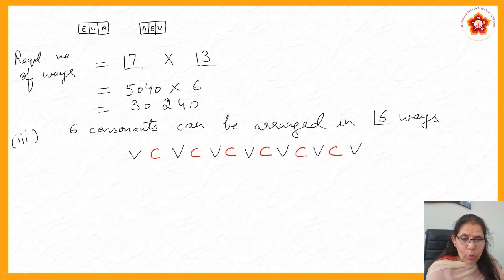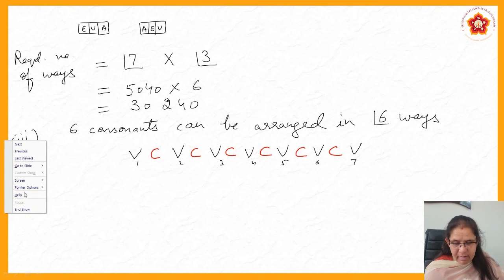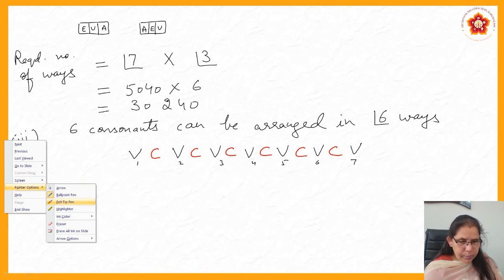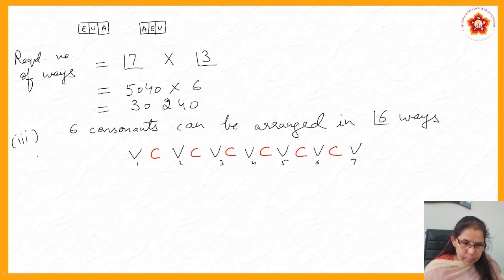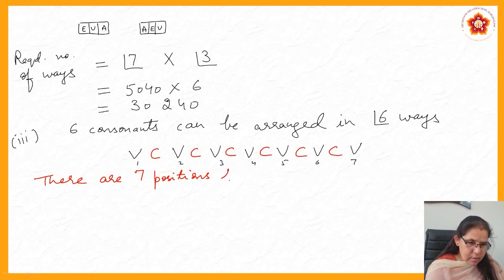We have only 3 vowels, but how many places are available? 1, 2, 3, 4, 5, 6, 7. So what have we arrived at? There are 7 positions for 3 vowels.